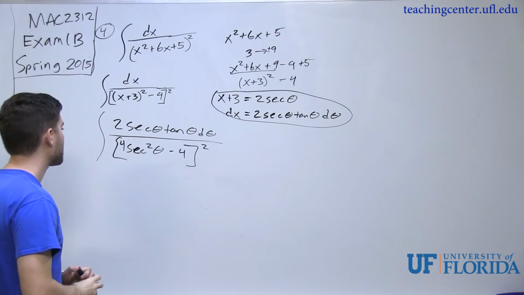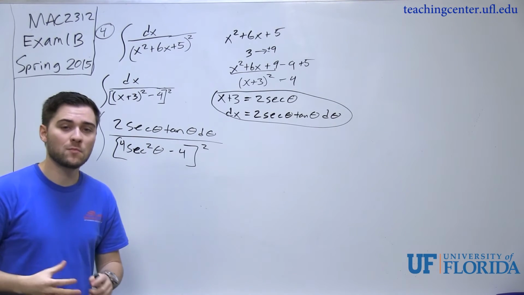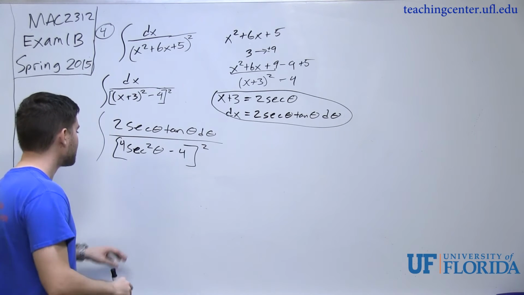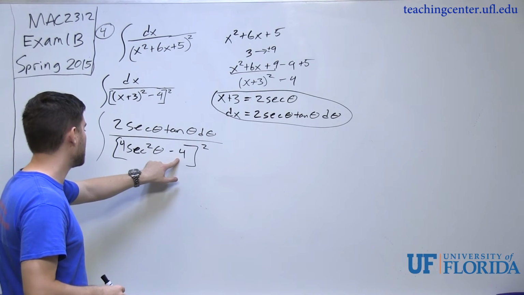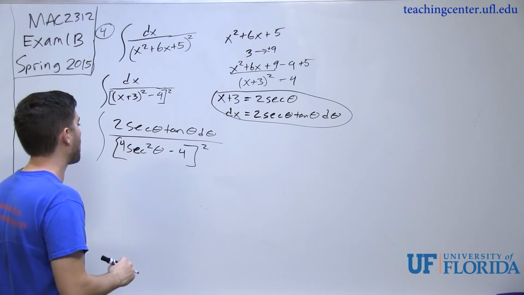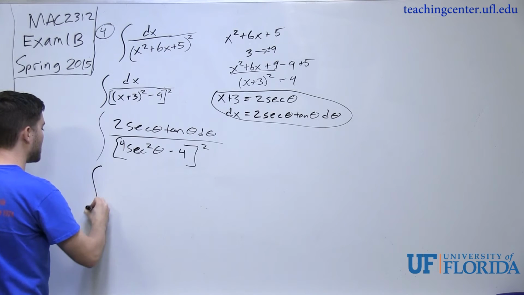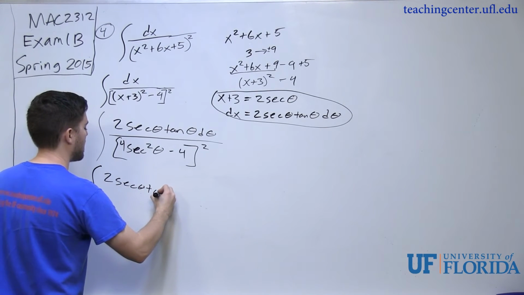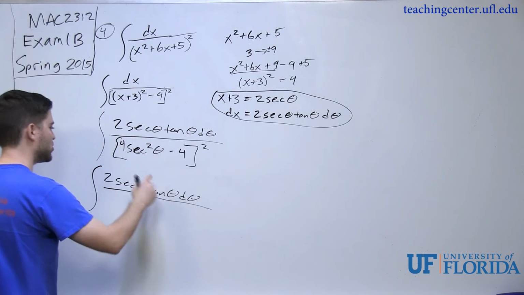Okay, good. So now, again, what I'm looking for with trig substitution is to simplify something using a trig identity. I have a secant squared minus a number, so I can pull a 4 out of both of those terms, and I'll do that to make it a little clearer. I still have 2 secant theta tan theta d theta on top. That hasn't changed.